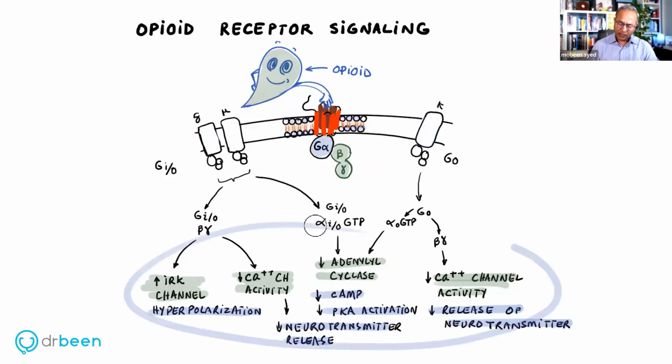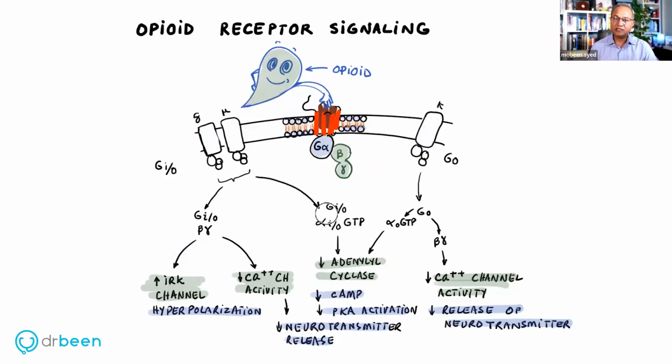Important thing to keep in mind is that when these receptors are activated, the calcium channels are reduced, or not reduced in number, but reduced in their activity, or they're blocked. When the calcium entry into the nerve terminals is reduced, that causes reduced release of neurotransmitters.